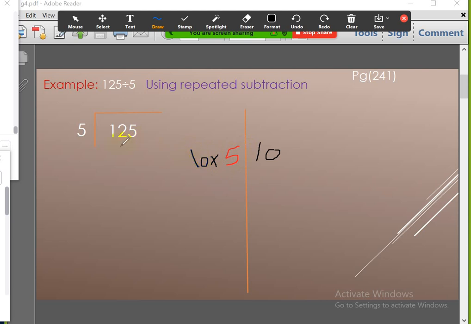So I will take this 50 and put it under the 125, and then I will subtract. Now 5 minus 0 equals 5. 2 minus 5, can I take 5 from the 2?